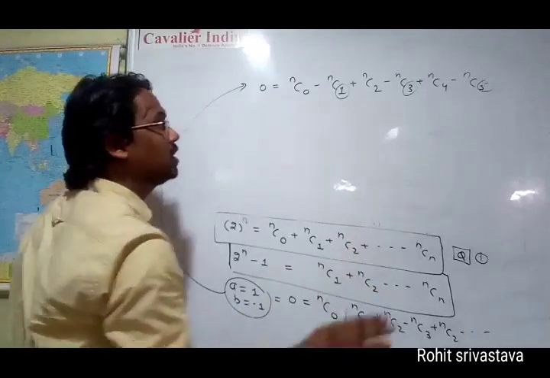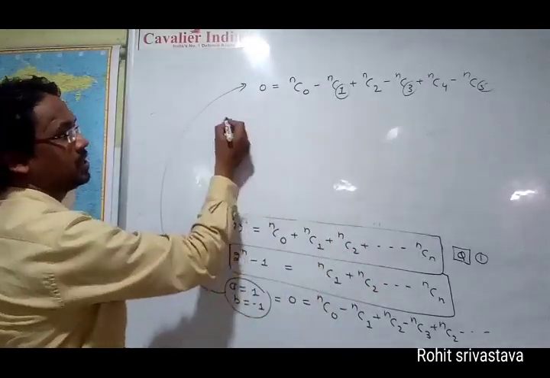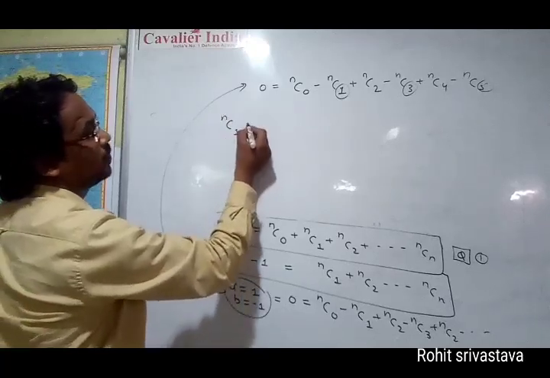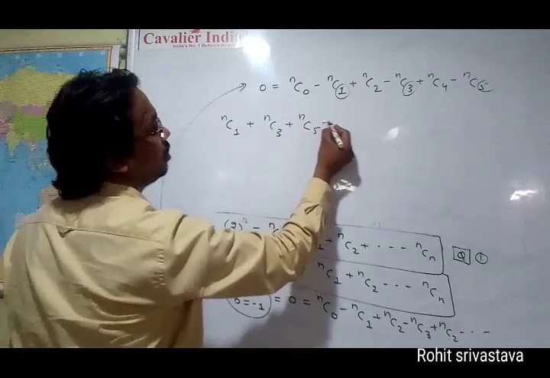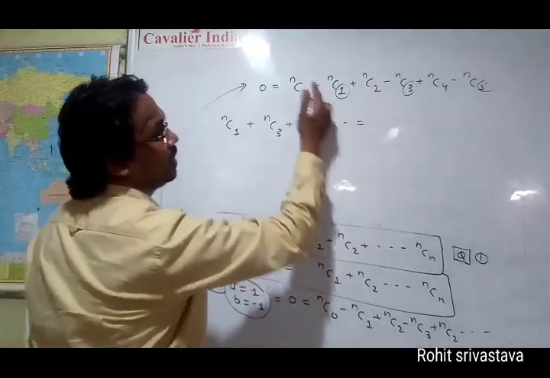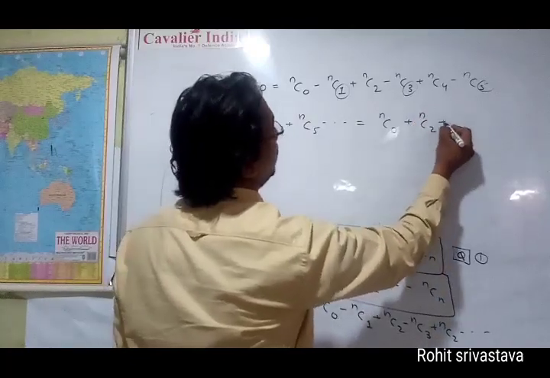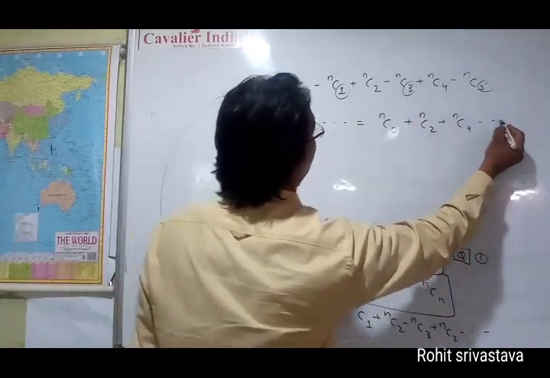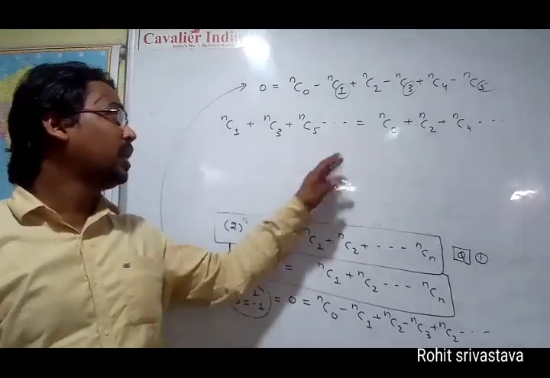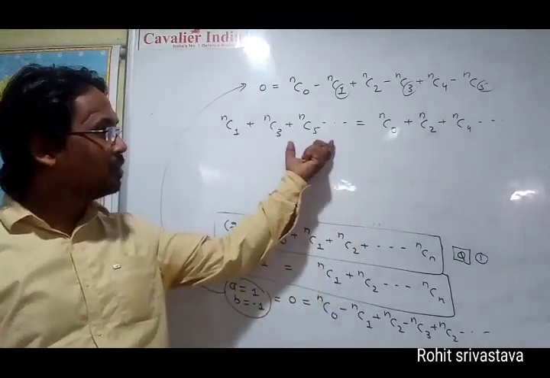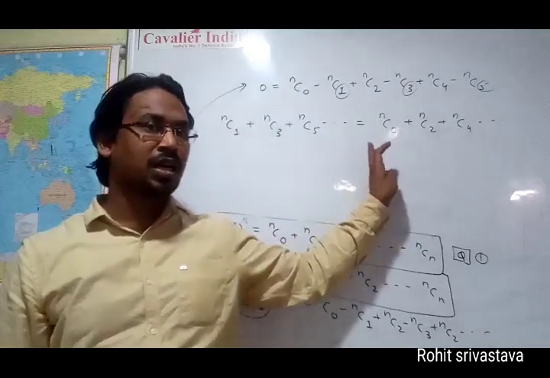If you shift the negative places to this side, you get nC1, nC3, nC5 dot dot dot, and on that side nC0 plus nC2 plus nC4 dot dot dot. So half of the binomial coefficients are coming here and half are coming here.